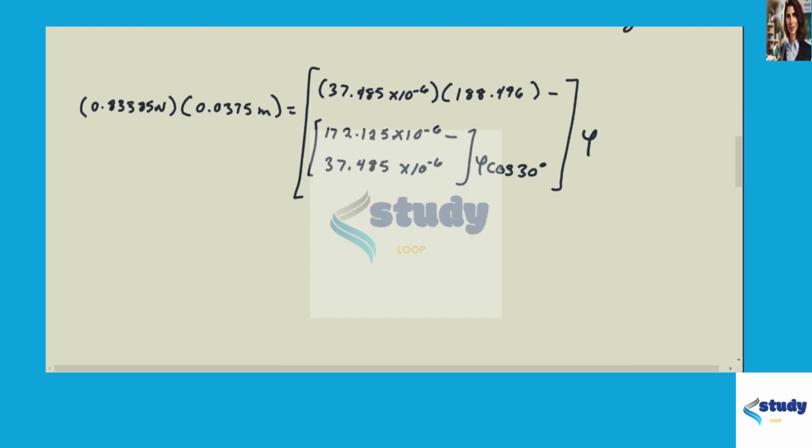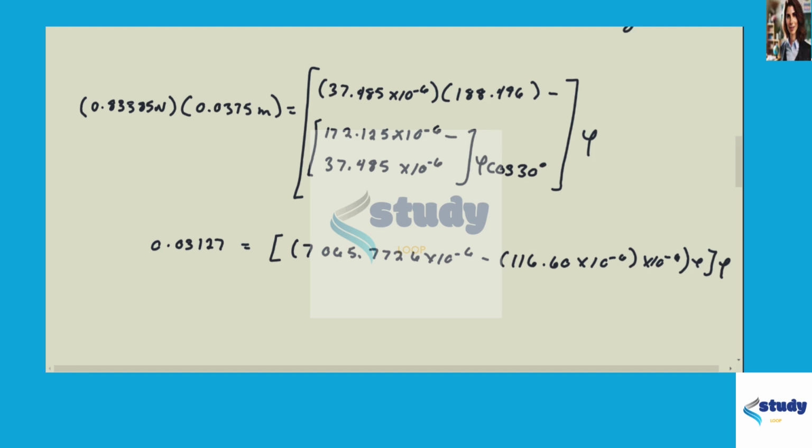And now if we simplify this, we have 0.03127 equals 7065.7726 times 10 to negative 6 minus 116.60 times 10 to negative 6, phi and phi.